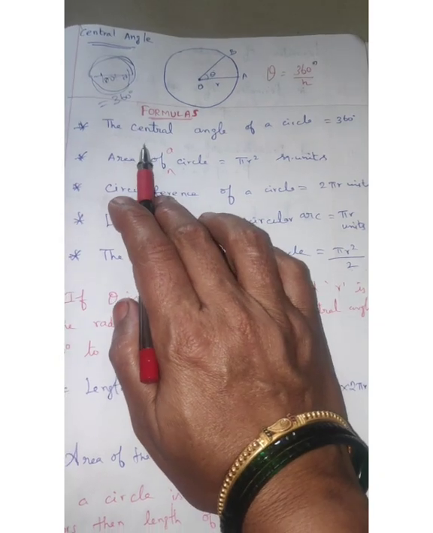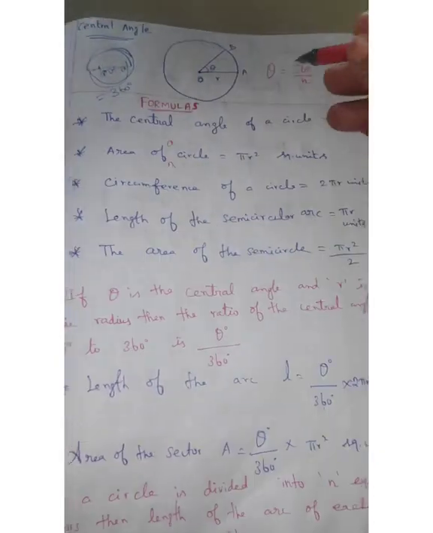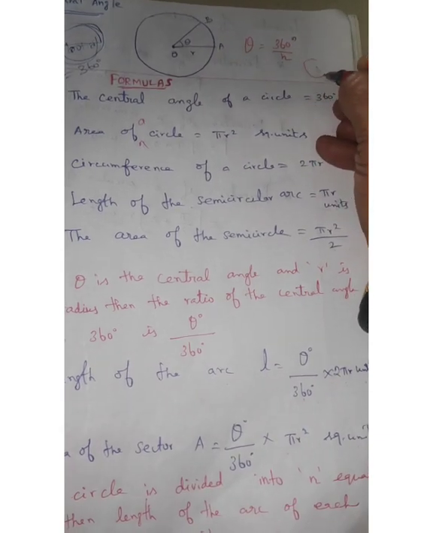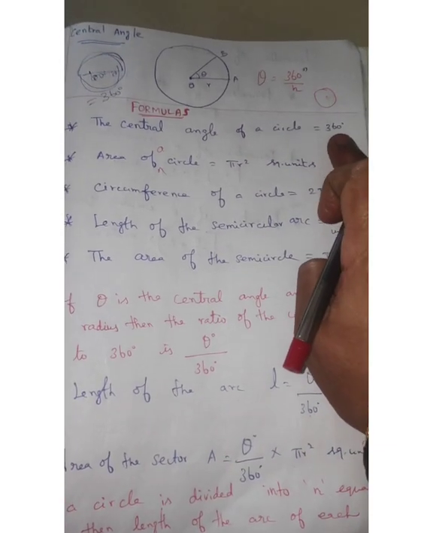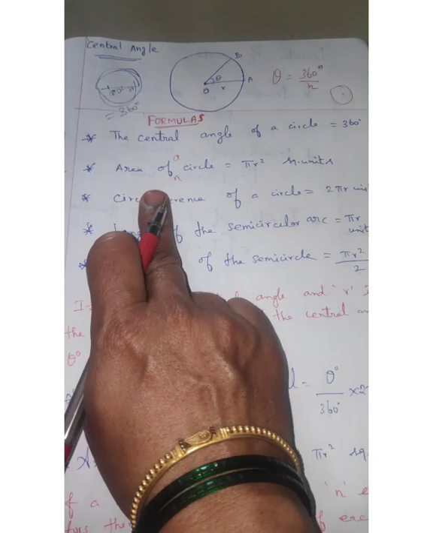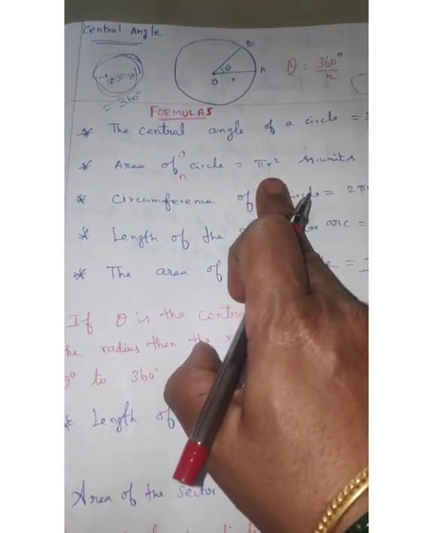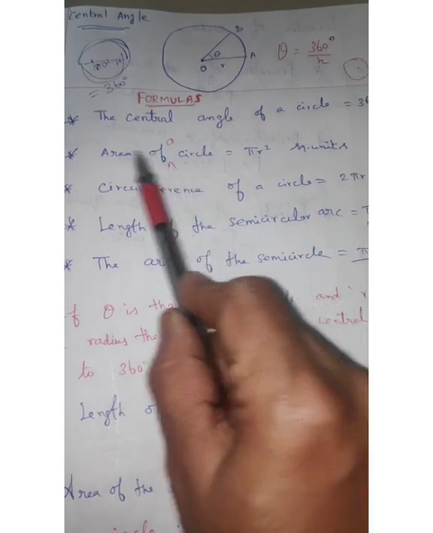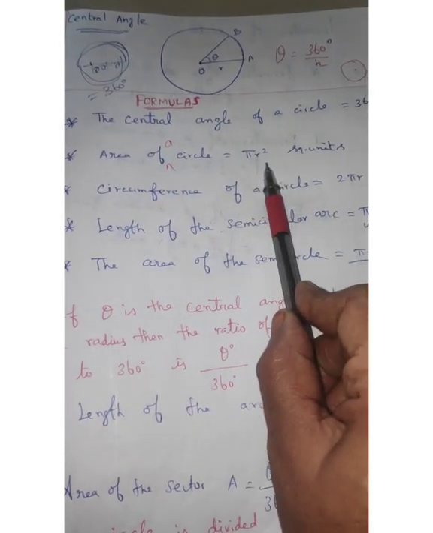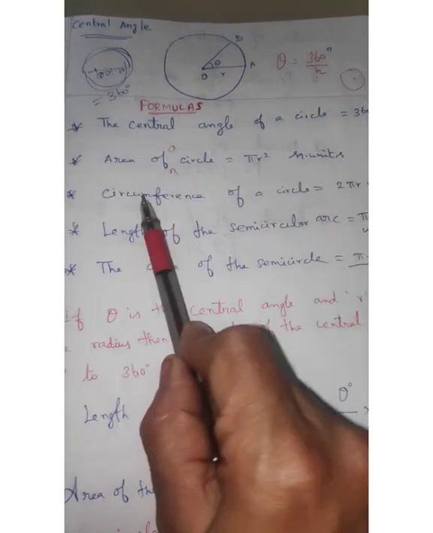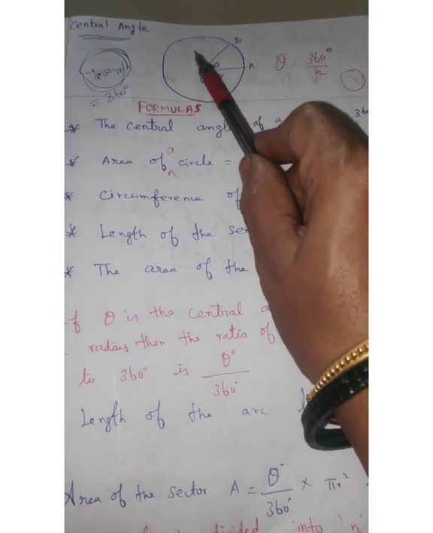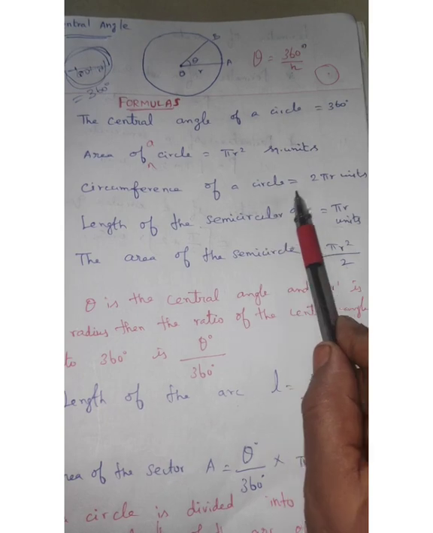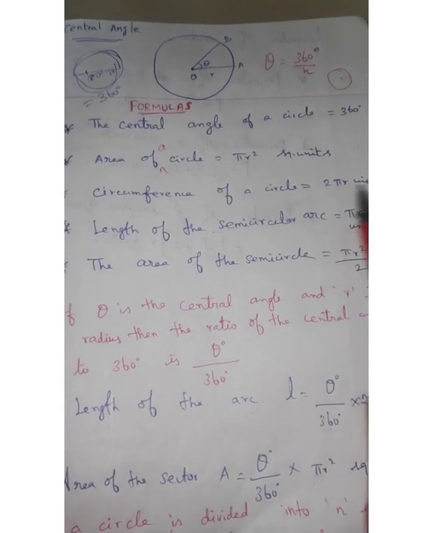Formulas: the central angle of a circle is 360 degrees. Area of a circle equals pi r squared square units. Circumference, the outer boundary, of the semicircle equals 2 pi r units.